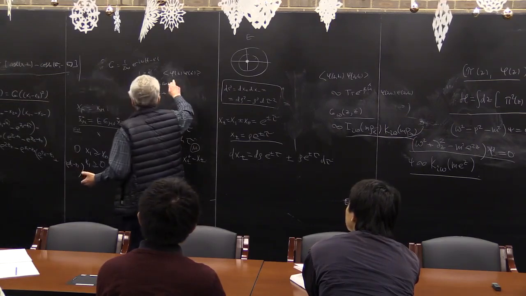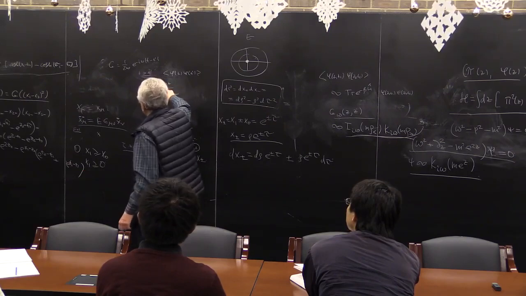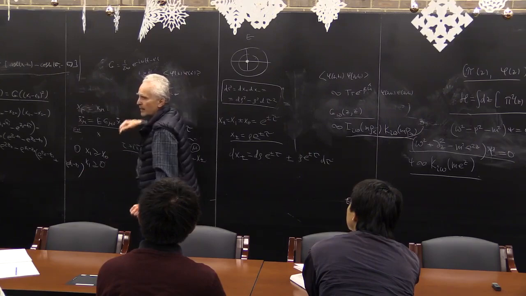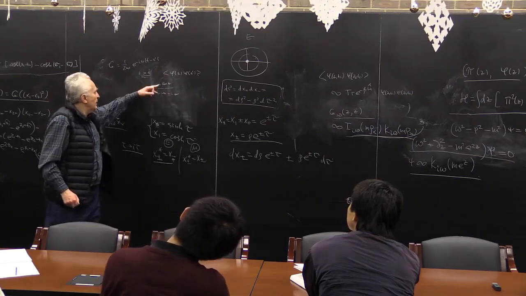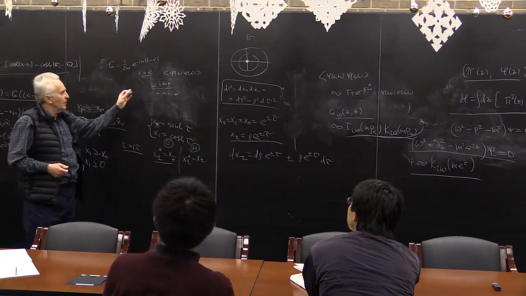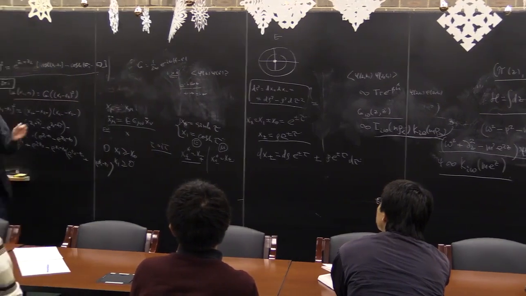Or in other words, you check that your Green function contains e to the minus i omega t and does not contain e to the plus i omega t. That's the formal way of saying this. Why is this true? It's a very simple argument from the spectral expansion.